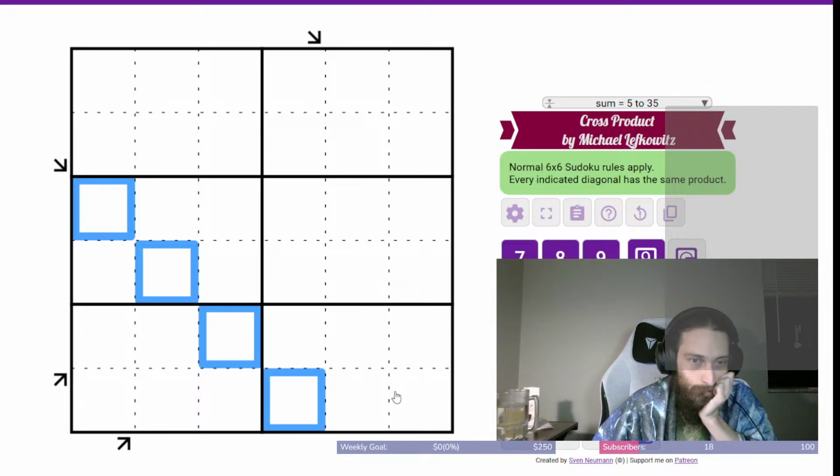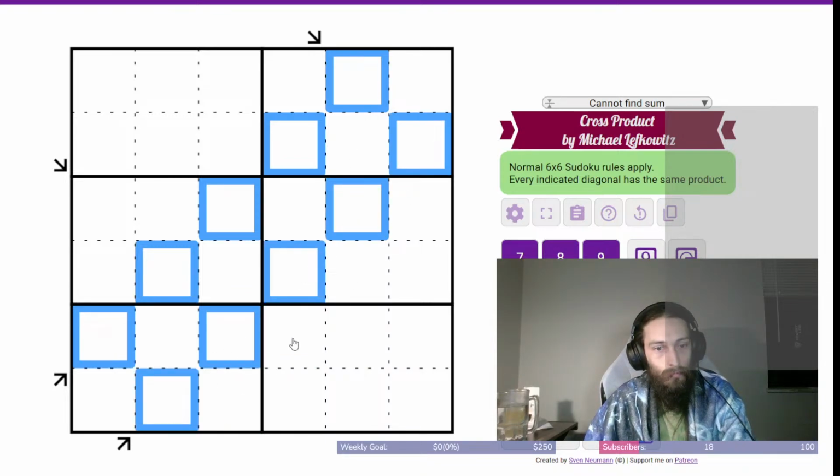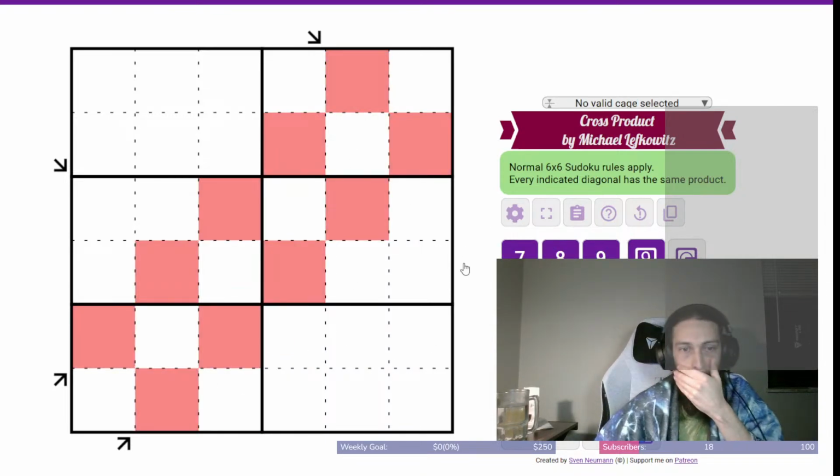Right. But look at the ones. Those are both minimum 4. Well, no, not really.